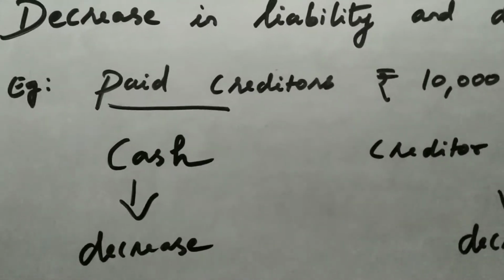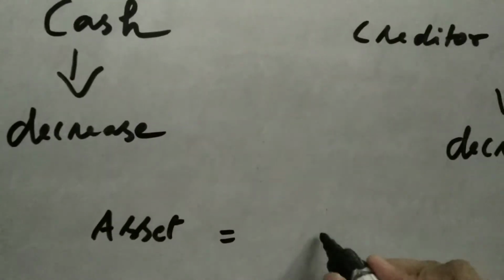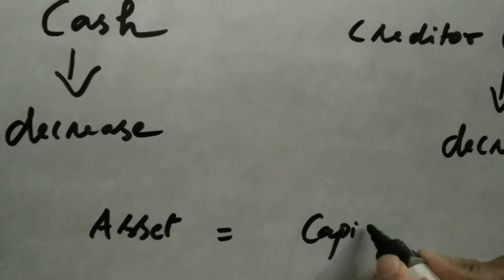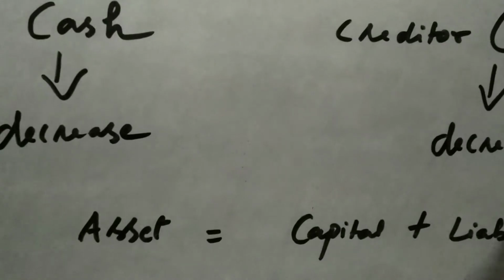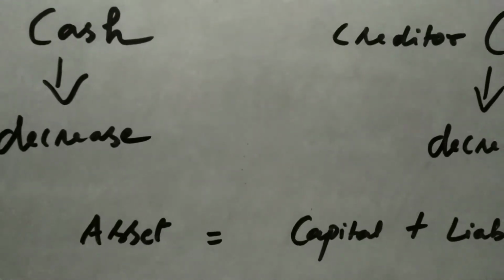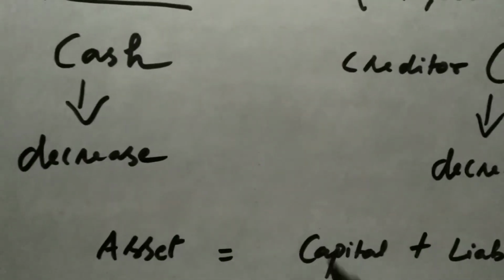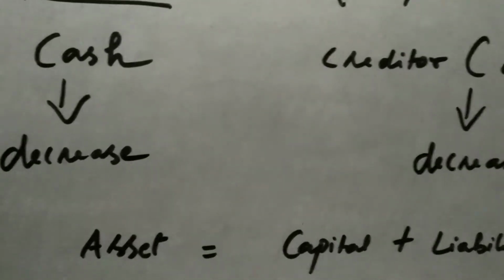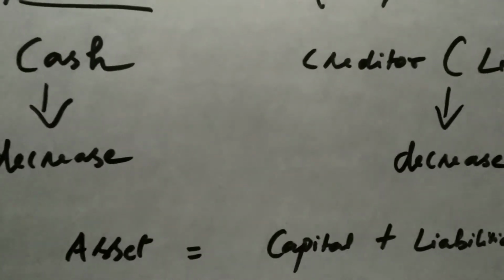Now let us write it in the form of an equation. You know, asset is equal to capital plus liability. Now asset, cash. We are not going to talk about the capital, so leave it; we'll put a 0 here.